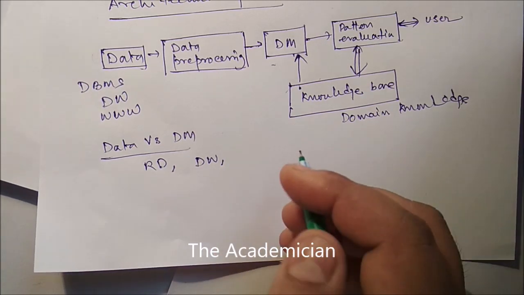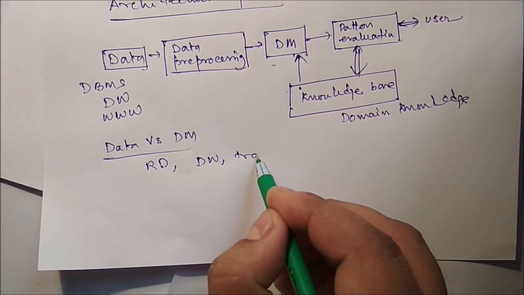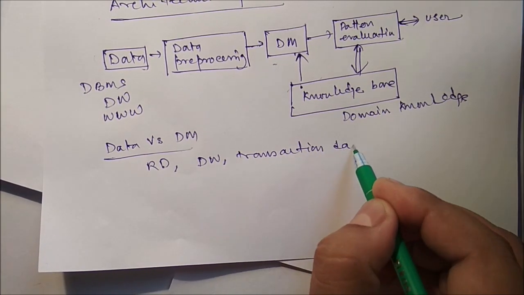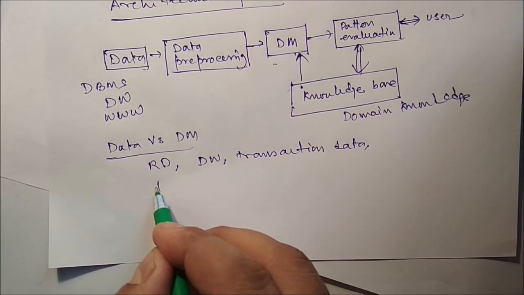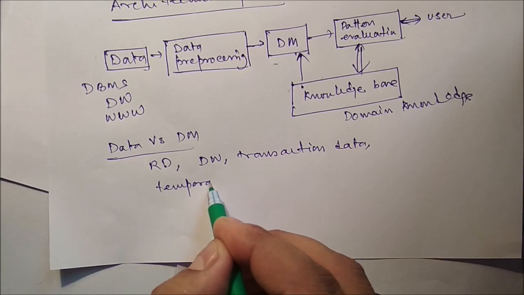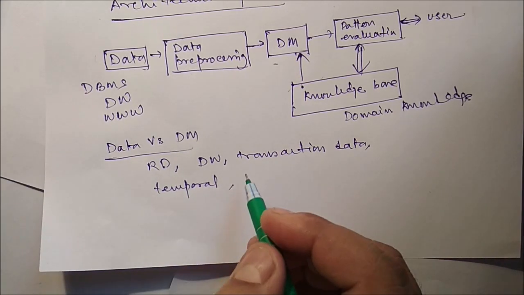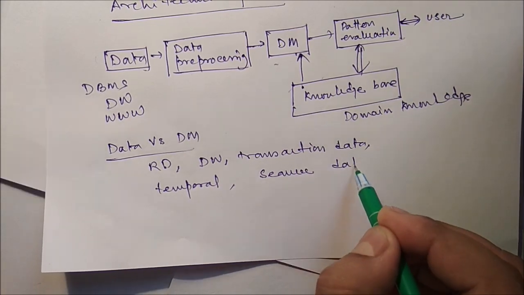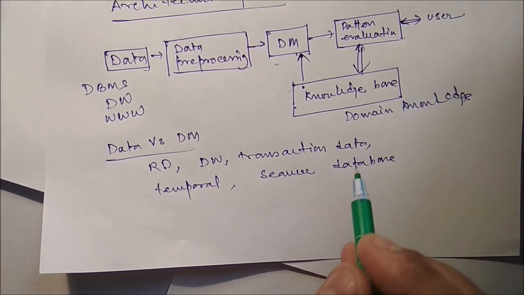Next, temporal data. Temporal data means real-time data. For example, a sequence database where we store the click stream.